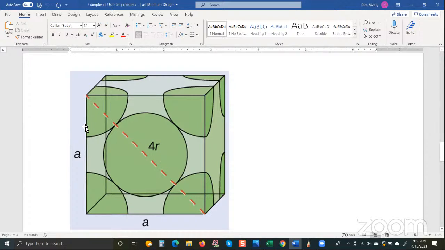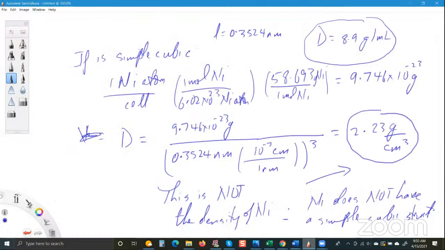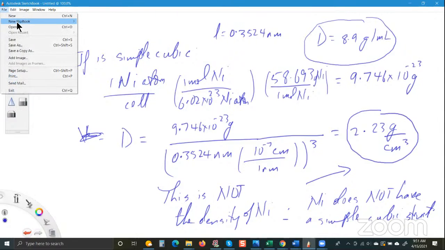And we said before that each edge of the cell has a length equal to 558.8 picometers, so that's the a right here. So we have to do a bit of trigonometry to solve for r, all right? So let me remove this here.